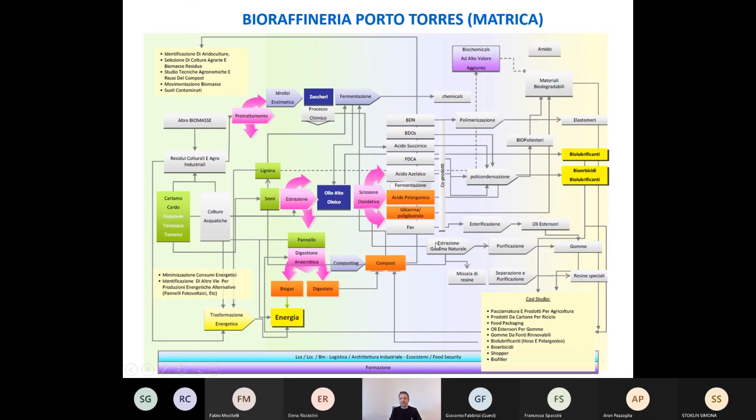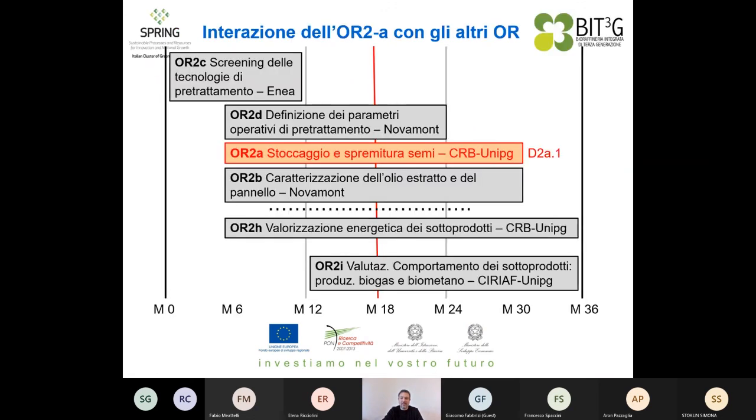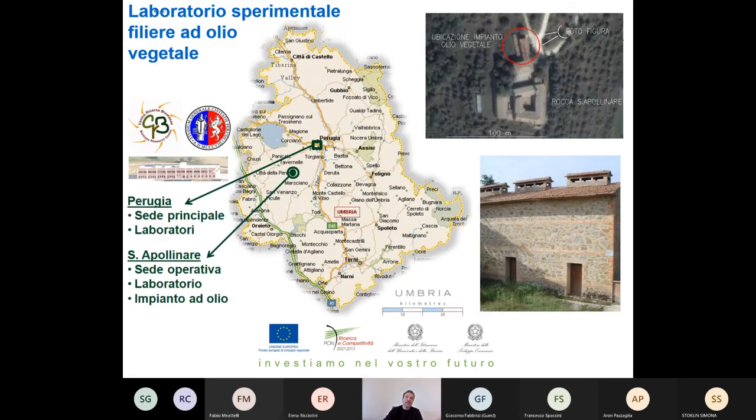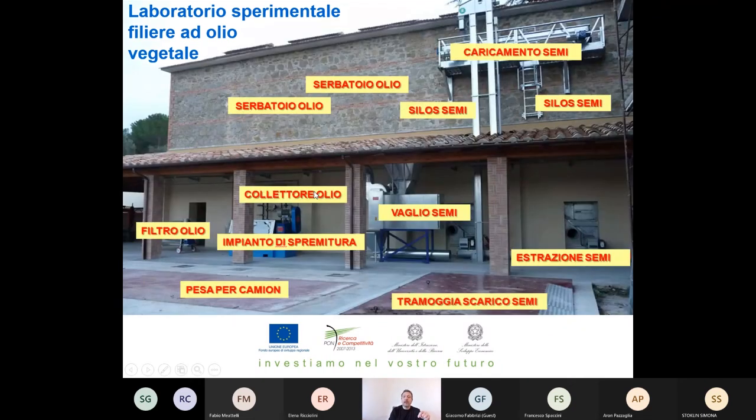We collaborated on this project. I don't know if you know that we have other offices, not in Perugia, but near Marciano, Sant'Apollinare, where we have a system for the extraction of vegetable oil. We have a system for charging seeds, and it's all integrated into a historical building, so also the integration between historical and technical systems.